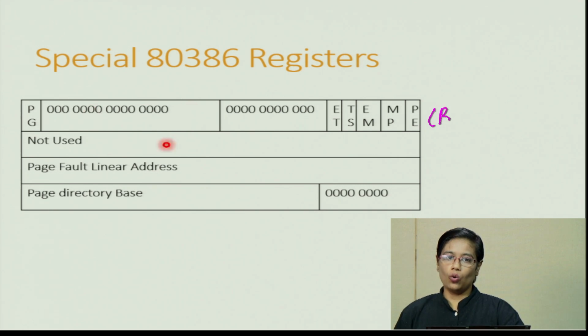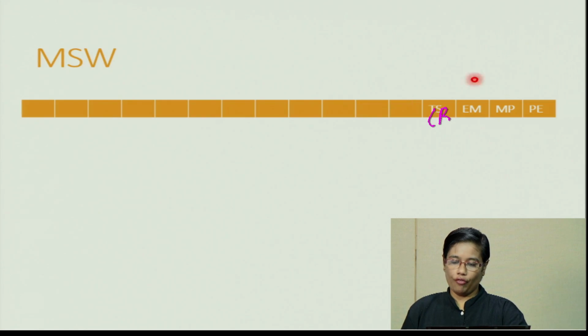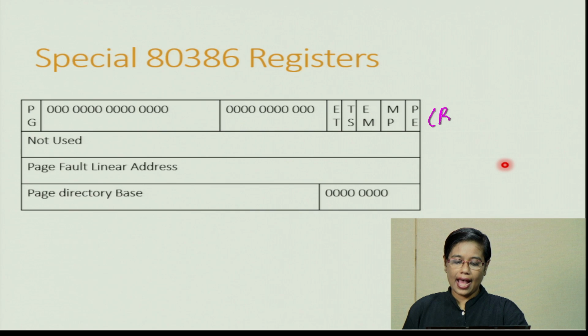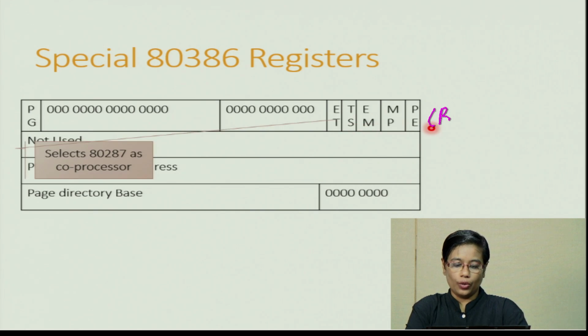We already know about this PG bit, which is used for enabling paging. PE, MP, EM and TS are already available in the machine status word of 80286, and they have the same meaning here. What is different is the bit ET.